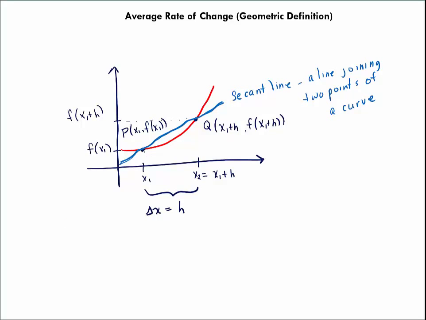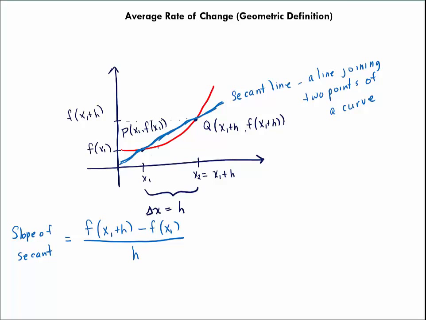If I want to find the slope of this line, once again pretending it's straight, how do we find the slope? Well, the slope of the secant line would be my change in my y over my change in my x's. So again would be my change in my y over my change in my x.